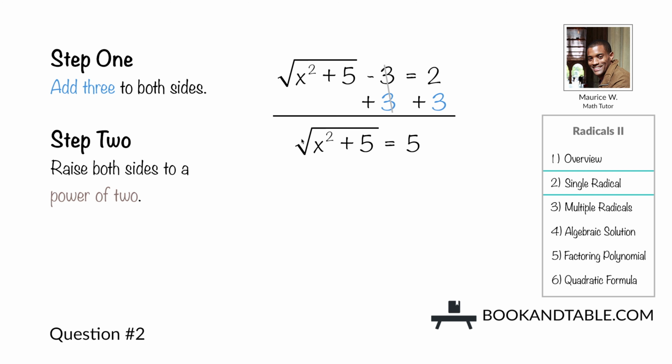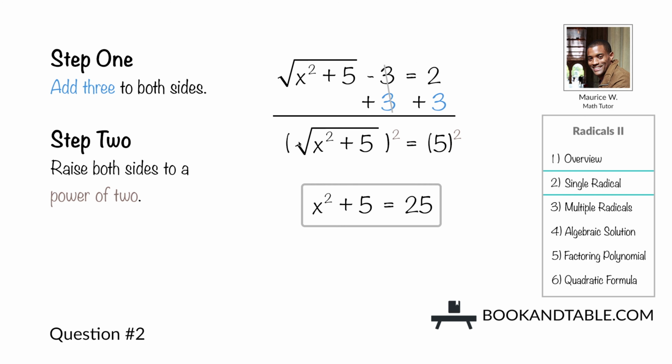That 2 negates this index of 2. When we do so, the radical sign is removed, leaving us with just x squared plus 5 on the left side. And on the right side, we have 5 squared, which should be equal to 25. So once we remove the radical sign from question number 2, you are left with x squared plus 5 is equal to 25.